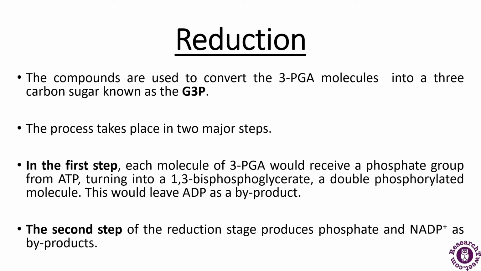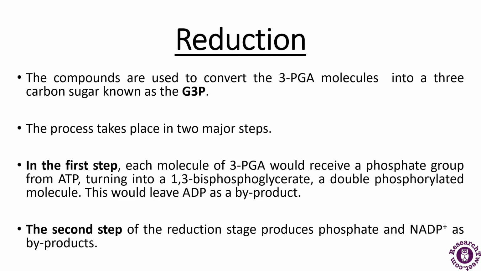The next step which comes is the reduction step. So in case of reduction, this is the next phase. So the reduction stage requires ATP and NADPH. These compounds are used to convert the 3 PGA molecules into a 3 carbon sugar, which is known as glyceraldehyde 3-phosphate or G3P.